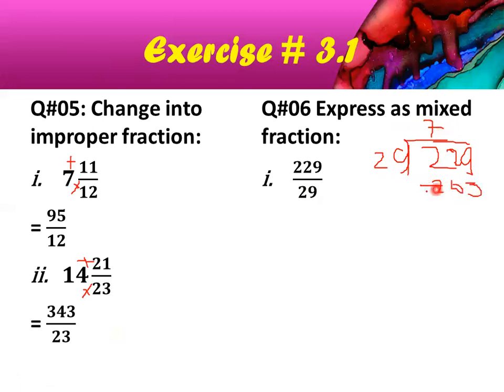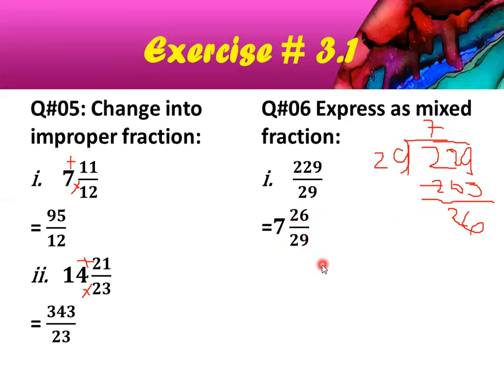After subtracting, what you will get here is 26. Now after dividing, you will convert this into mixed fraction. So this 7 will become your whole number, the remainder 26 will become your numerator, and the denominator will remain the same, that is 29. So the mixed fraction of 229 upon 29 will be 7 whole 26 upon 29.